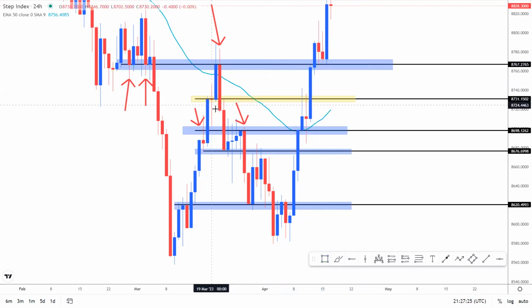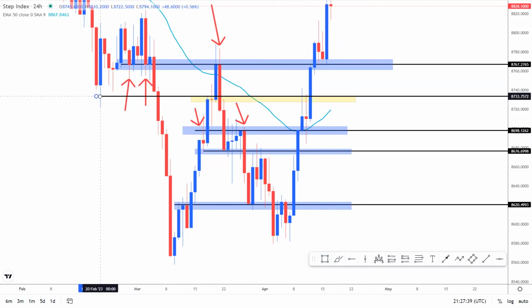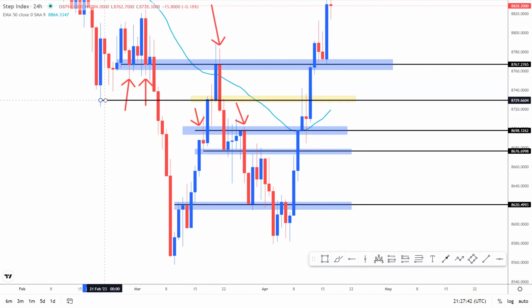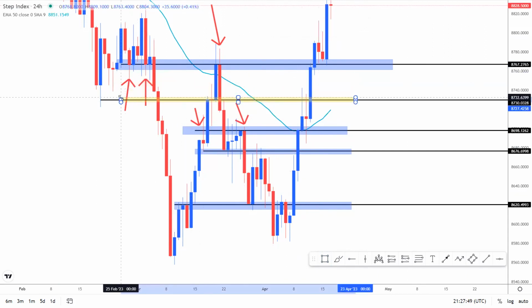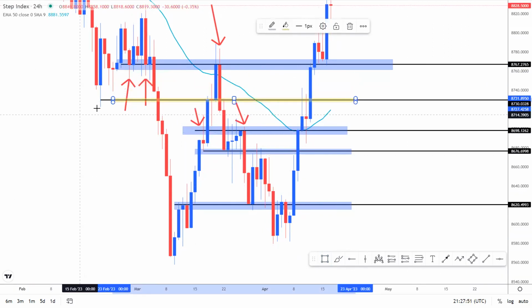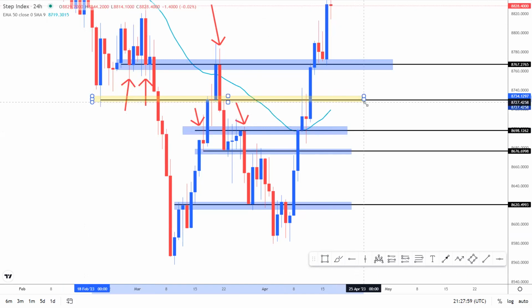And then this level right here, if you had noticed, as soon as we had a break of this level, we came first into this level here, as you can see. We came first into this level, and then we had pretty much respected the level before eventually breaking past the level.